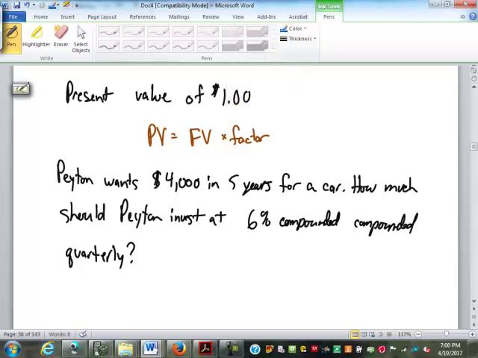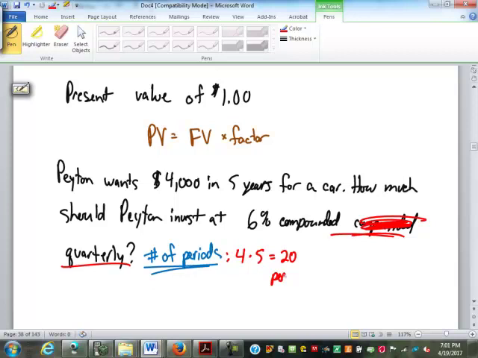So, first thing we need to find is the number of periods. How many periods in a year? Compounded quarterly, so 4 times per year times 5 years is 20 periods.